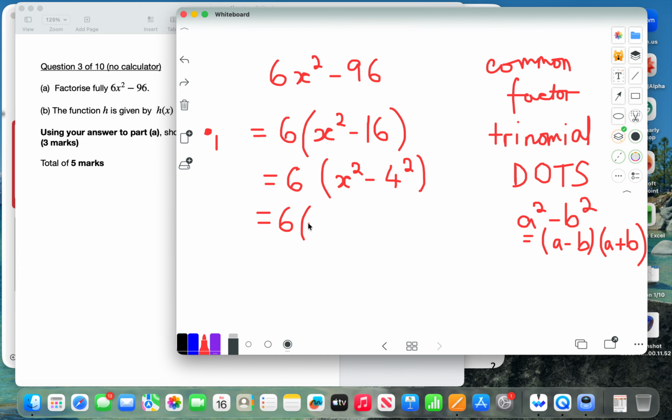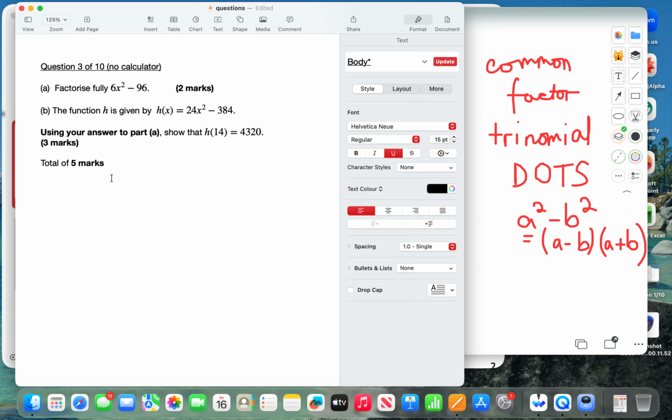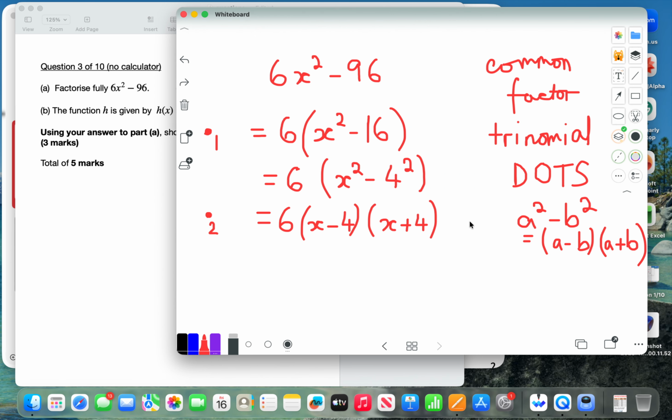We get x minus 4, x plus 4. And that's us finished. That's the second mark out of 5 in total for this question. So you fully factorised it, and this is what we got.